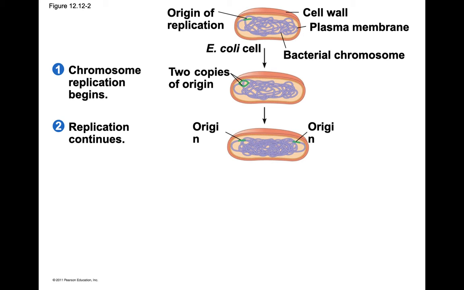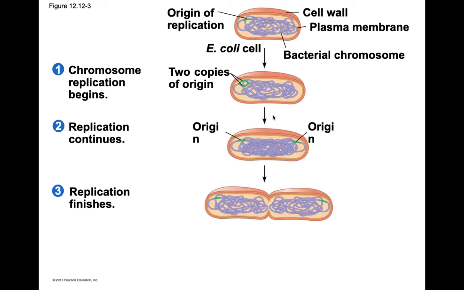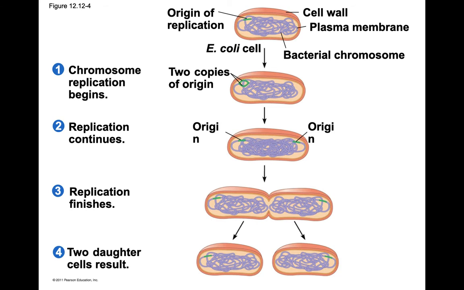As that replication continues from that initial spot, we're going to see that the two copies of the genetic information are going to be pushed apart, which helps create the space and volume for cytokinesis to occur. And that's going to result in two daughter cells.